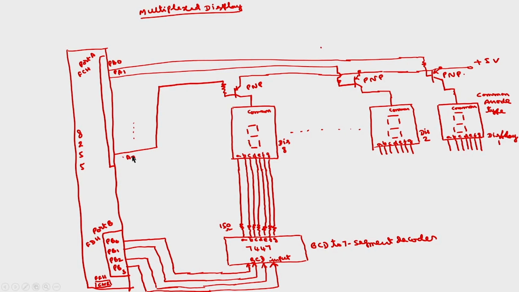Totally I am connecting 8 7 segment displays. The emitters are connected to the common plus 5 volt supply, and here we connect 1 kilo ohm resistors.